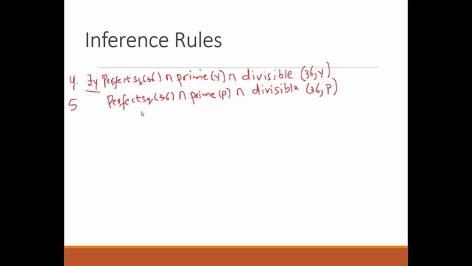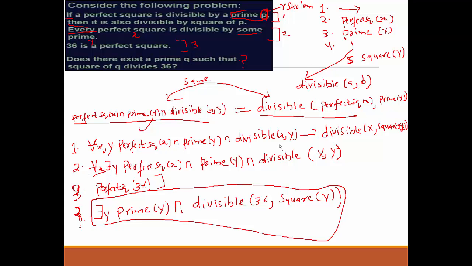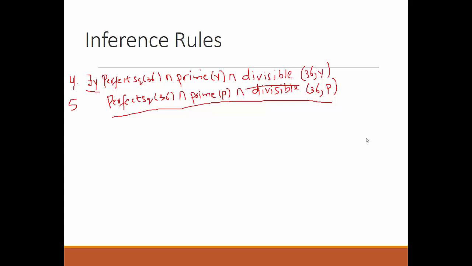Therefore, from the first statement and fifth statement, what we find is that when this statement is compared with the left hand side of this, it gives us divisible x square y. So we are going to have here divisible 36 comma square p.